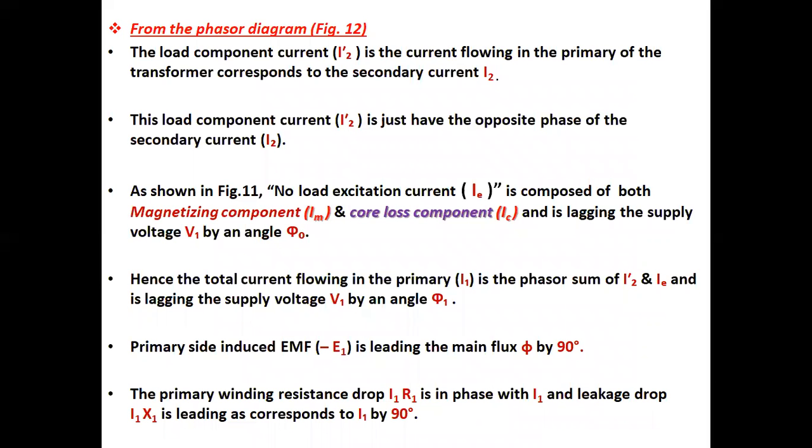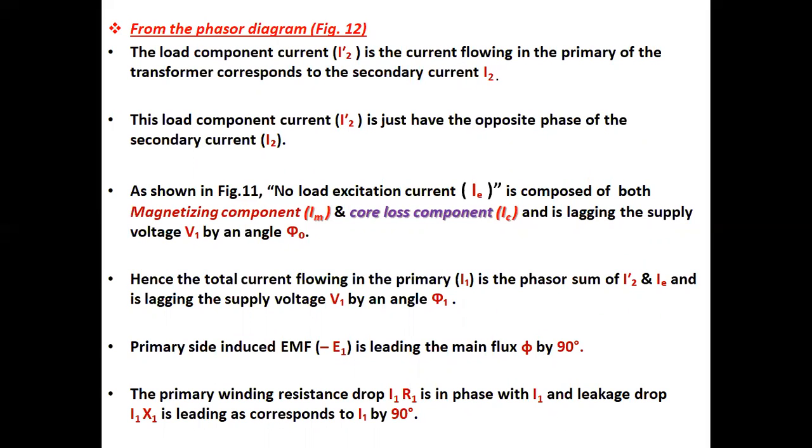From the phasor diagram, figure 12, the load component current I2' is the current flowing in the primary of the transformer corresponding to the secondary current I2. This load component current I2' has the opposite phase of the secondary current I2.